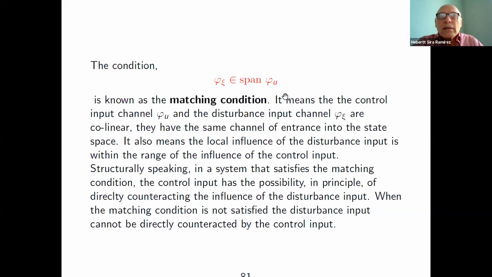The structural conditions mean something which is in the hidden geometry of your representation. And of course, aside from that, you have other restrictions and other qualities of either your disturbances or control.